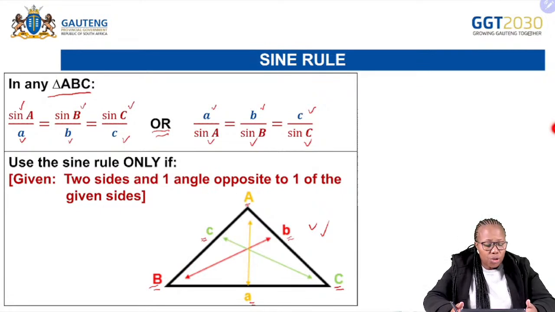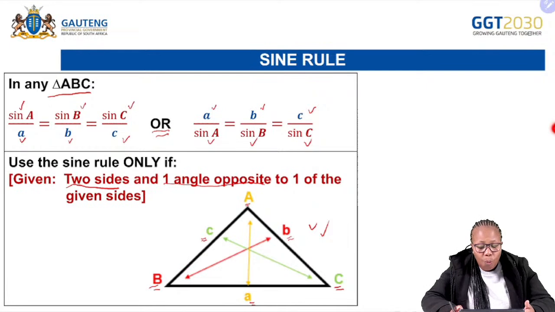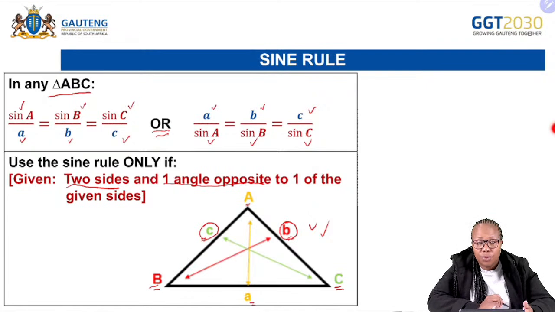And when do we use the sine rule? You use the sine rule only if you are given two sides and one angle opposite to one of the given sides. What do we mean by this? Let's say angle B is given, side B is given, and side C is given to you.